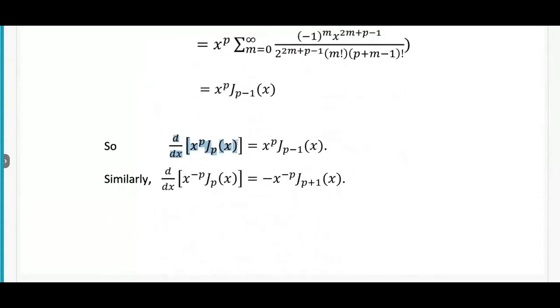We have the differential of this, we get this. Similarly, if p is negative, we get this is negative x raised to negative p of this.